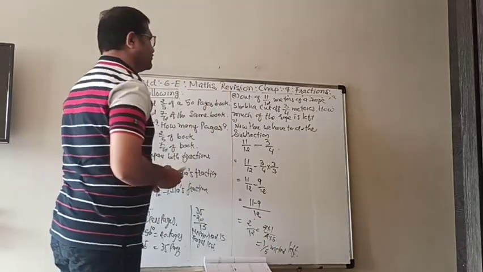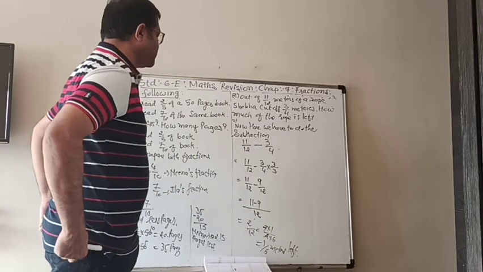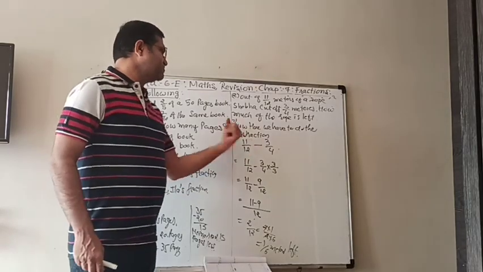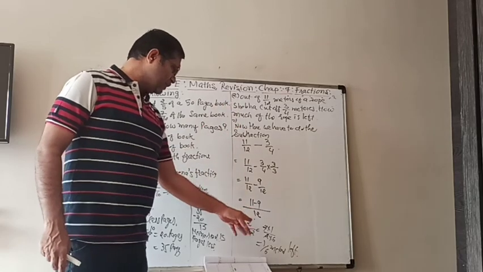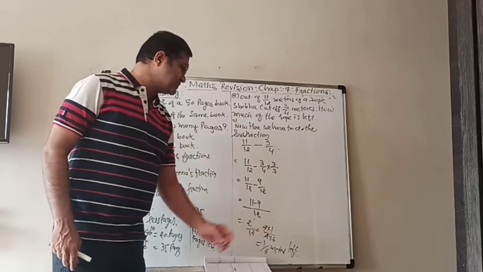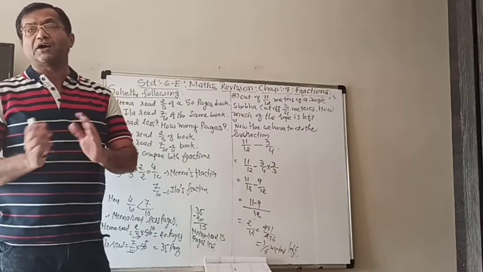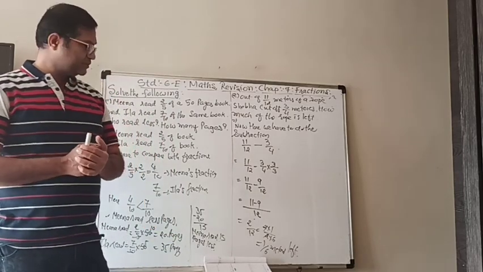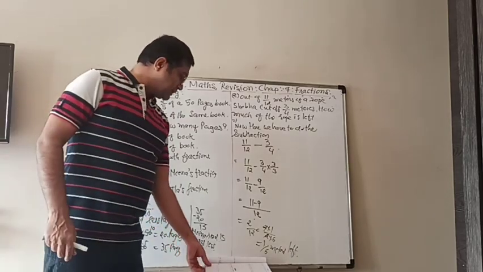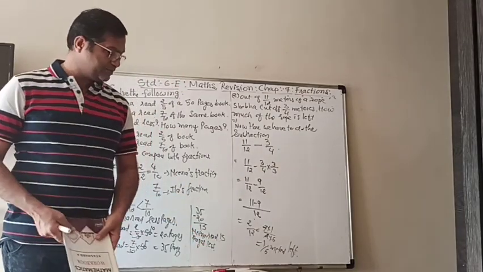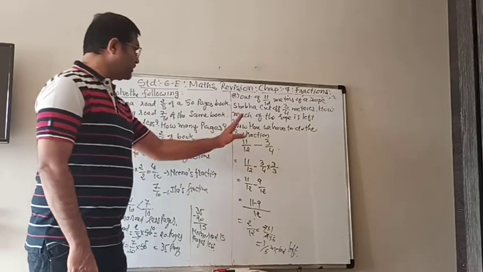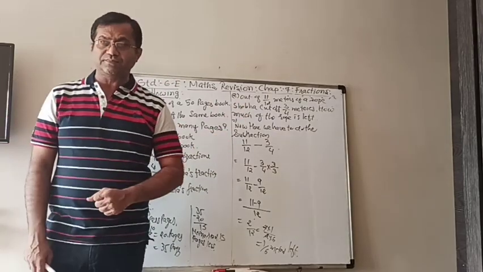So after cutting off 3 by 4 meters, we did the subtraction here, and then we understand that only 2 by 12, that is 1 by 6 meters of the rope is left. So by this way, as I told you, the main thing is to understand first whether it is an addition or subtraction.